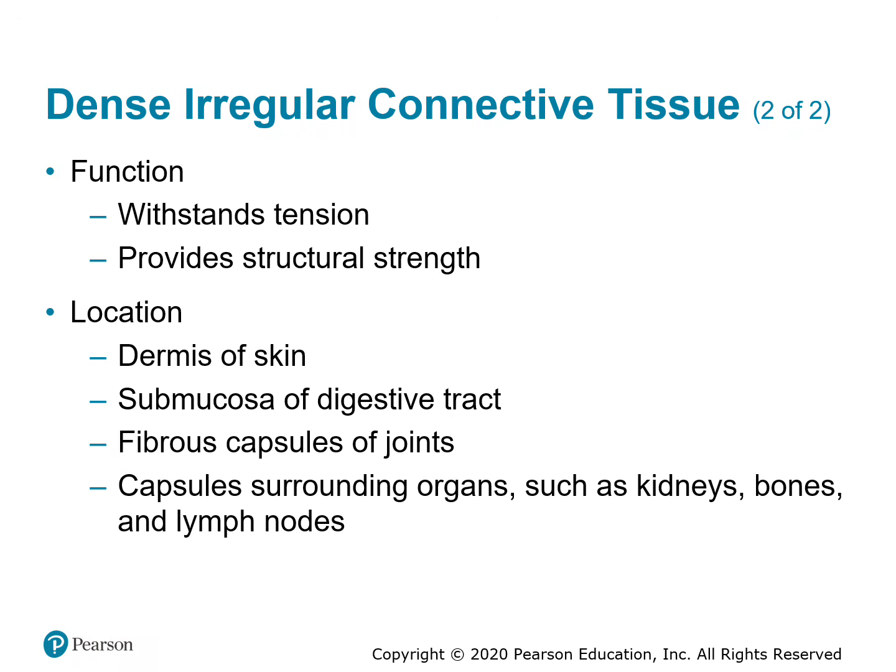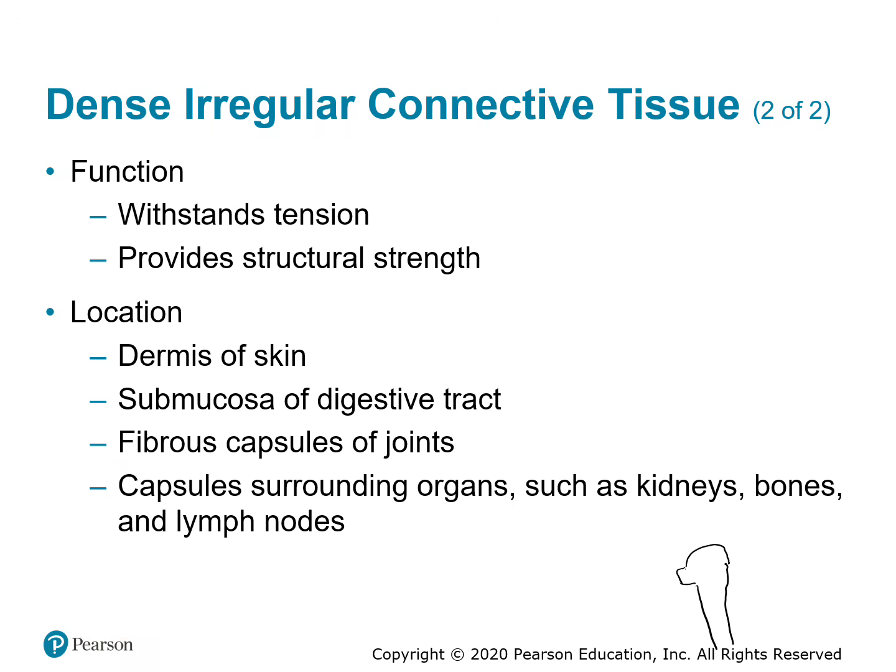Dense irregular does do quite a bit of tension withstanding, but it's mostly there for structural strength. You're going to see this mostly in the dermis of the skin, in some of the fibrous joint capsules, and some of the capsules surrounding the kidneys, your bones, and your lymph nodes. I could draw a bone like that.